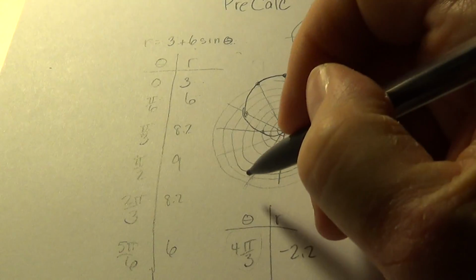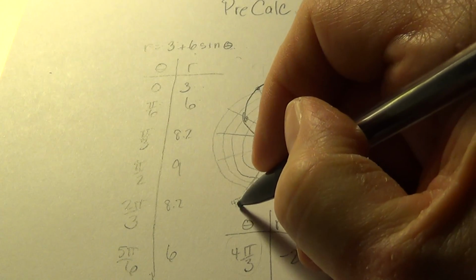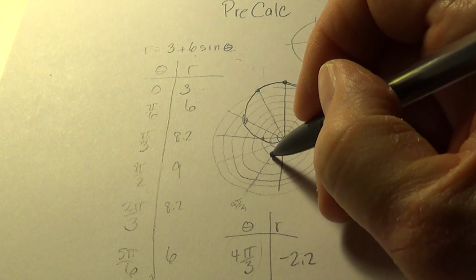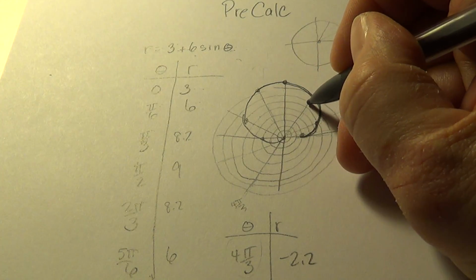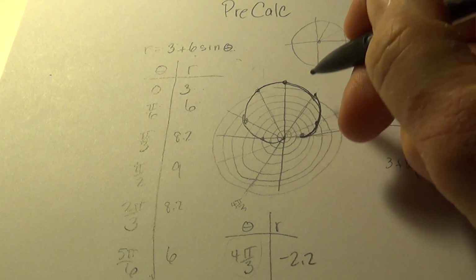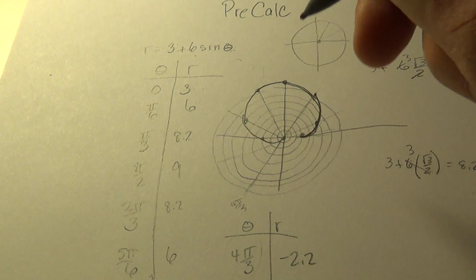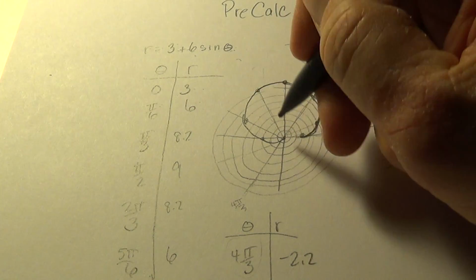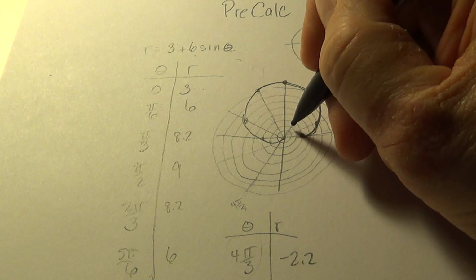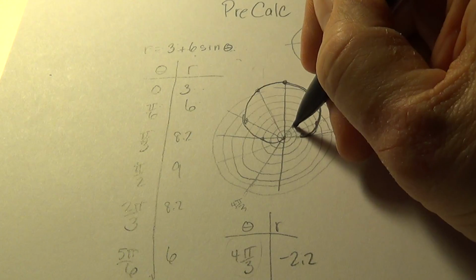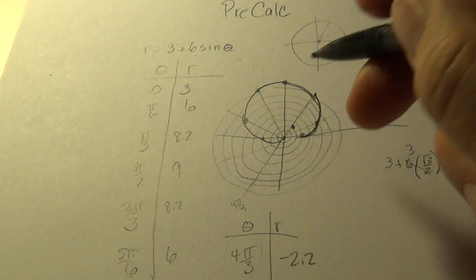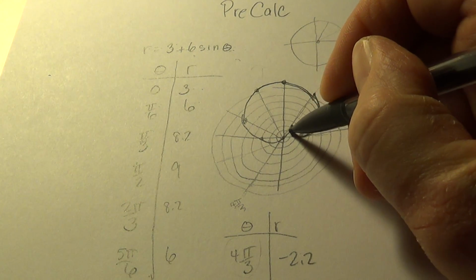All right, here's 4 pi over 3. But it's going to be negative, so I'm going to go back through at this angle, which really puts me at pi over 3 again. But we call it negative, and we go back 1, 2, and 0.2. So now I go from here to here.